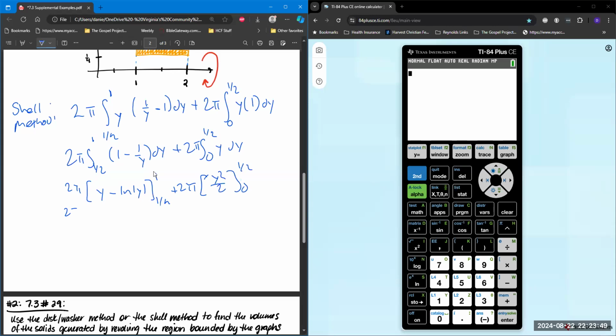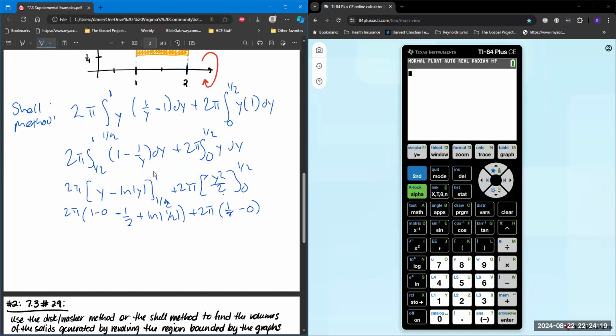So this is 2 pi times 1 minus 0, minus 1/2, plus ln of 1/2, plus 2 pi times 1/4 over 2 is 1/8 minus 0.